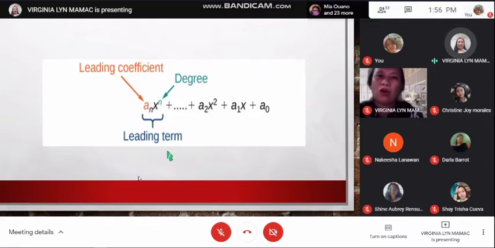This is the general representation of a polynomial expression, and you have there the corresponding parts or terms. The degree is n, which is the exponent, and a here is the leading coefficient, and the whole term is called the leading term.